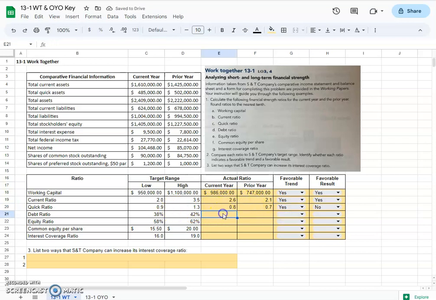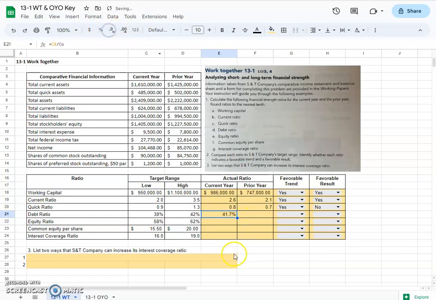Debt ratio. The debt ratio is your total liabilities divided by your total assets. We'll move this over, and make it a percentage, because that will make more sense.